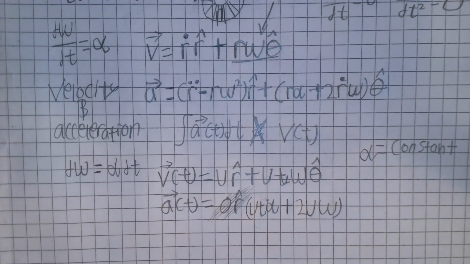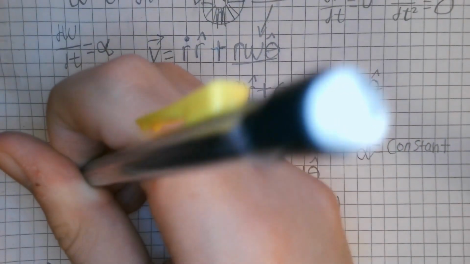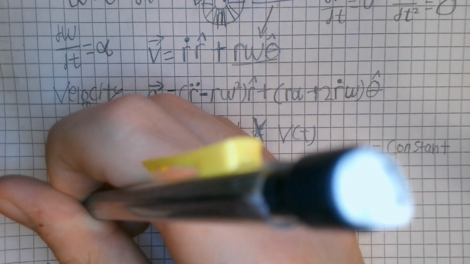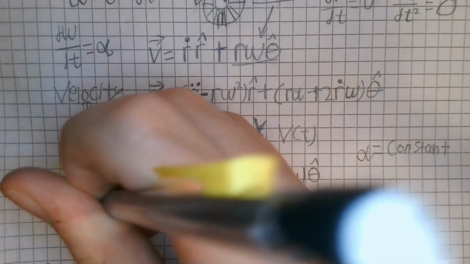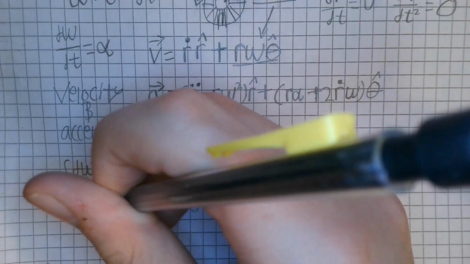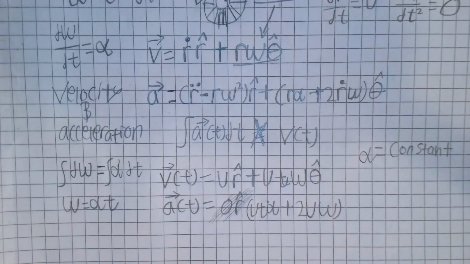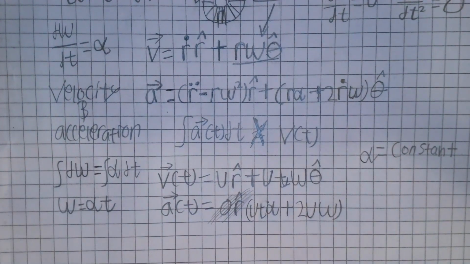My bad. Take the integral of either side, and we get that omega equals alpha times time. Or in other words, our angular velocity is equal to our angular acceleration times time.